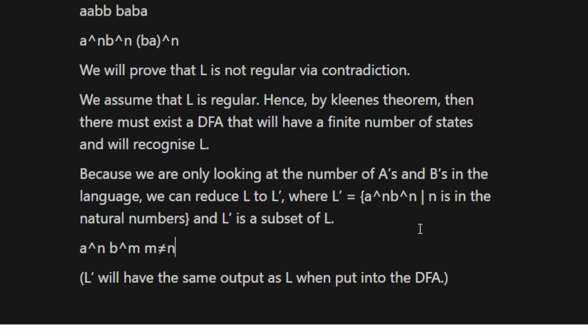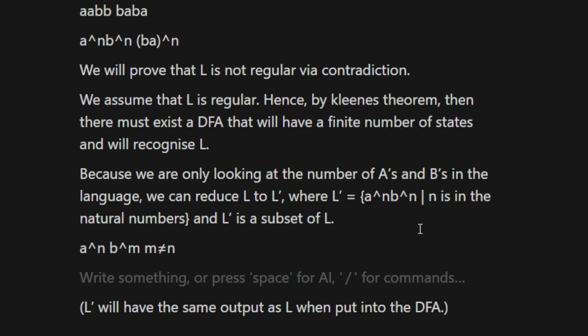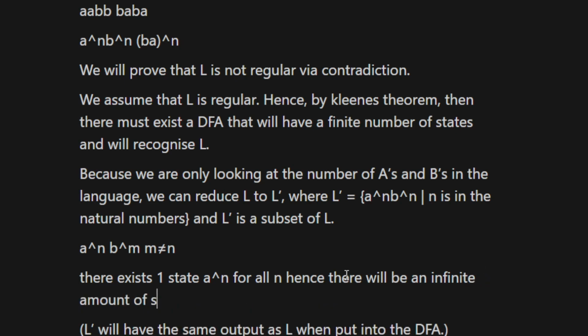So because it's not in the language, we'll have many different states, one for a to the power of n for all n, and hence there will be an infinite amount of states. So this is essentially what I mean.